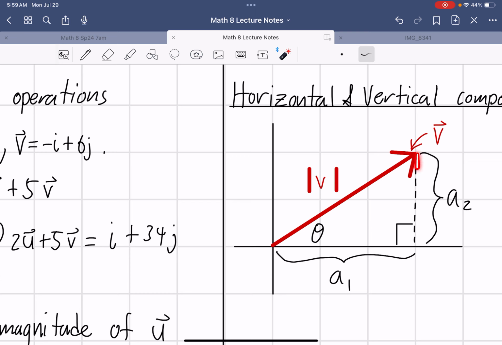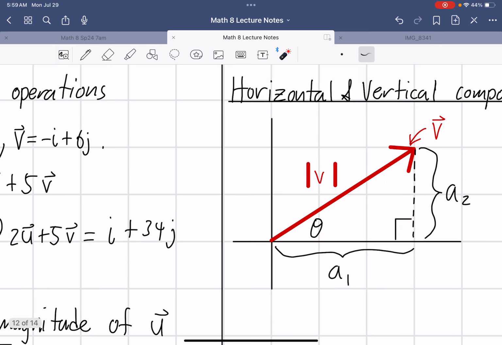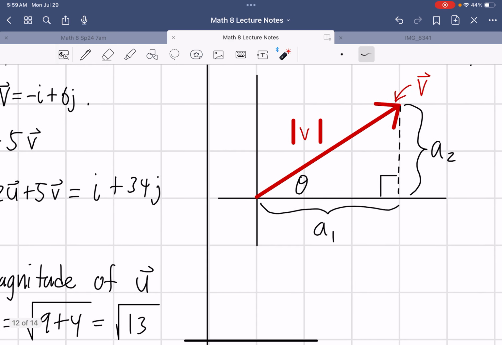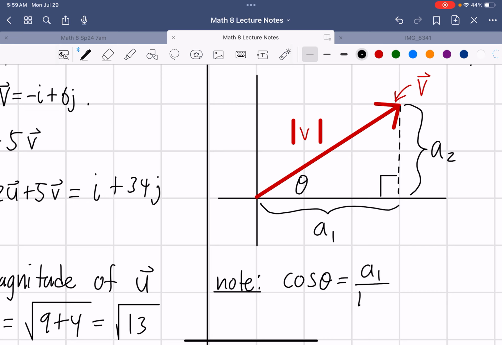Now, how do I find these components by drawing a right triangle? Well, that brings us back to right triangle trigonometry, where cosine theta in question here would be equal to adjacent over hypotenuse, and the hypotenuse is just the length of the given vector.